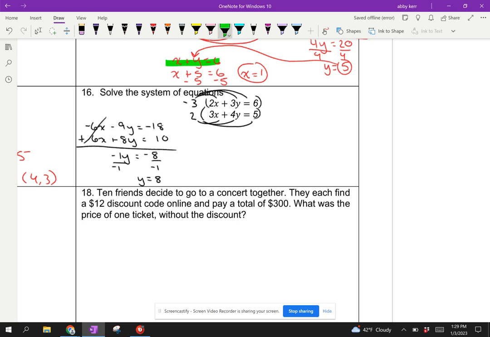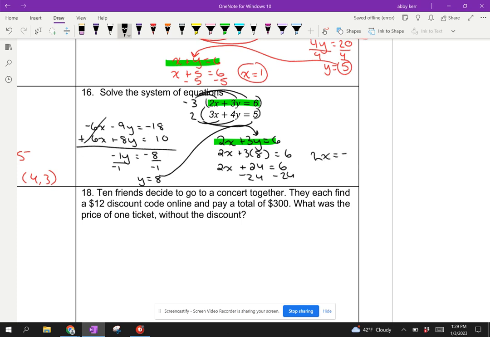And then use whatever equation you want. I like to use the first one. Now 8 is going to be replacing our y value. So 2x plus 24 equals 6. So 2x equals negative 18. So x equals negative 9. So our ordered pair is negative 9, 8.